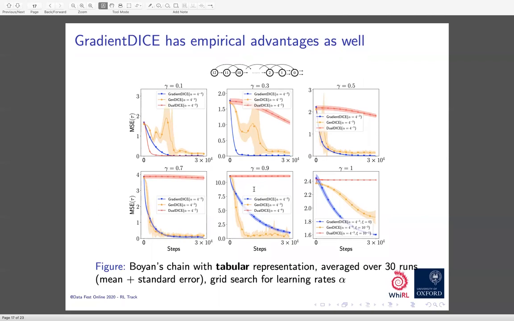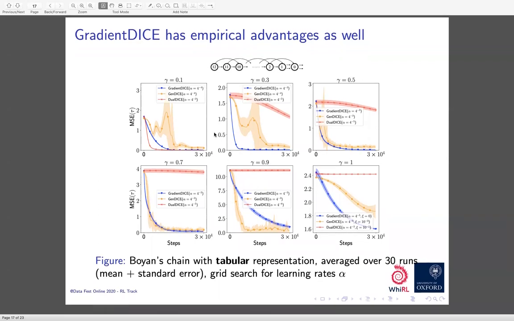GradientDICE has not only theoretical advantages, it also has empirical advantages. To see this, we benchmark GradientDICE and several baseline algorithms in several domains. The first one is Boyan's chain, which is a classical environment for evaluating reinforcement learning algorithms. We have this simple Markov chain, and we consider tabular representation. We benchmark the 3 algorithms: GradientDICE, GenDICE, and DualDICE.